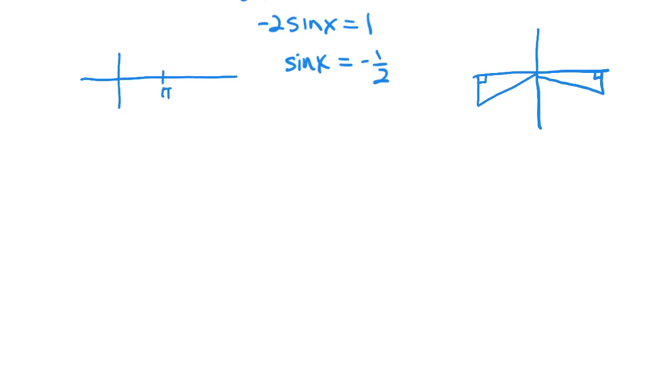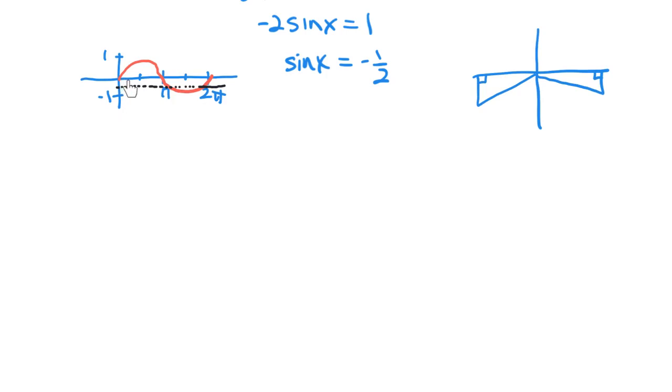There's pi and 2 pi, and we know that sine goes like this. And we know that this is 1 and -1. Well, if you think about where is sine -1/2? Well, here's -1/2. And then you can split up these quadrants this way.